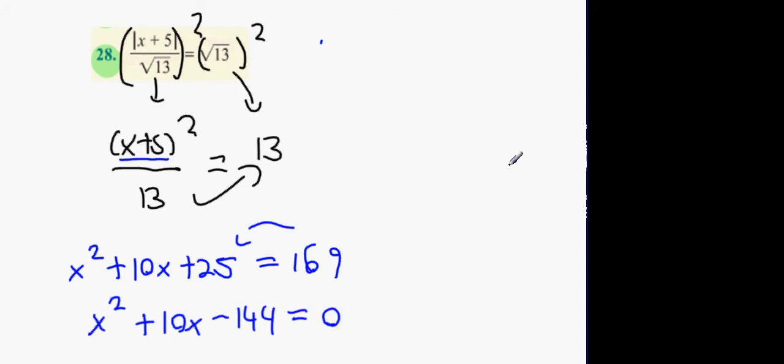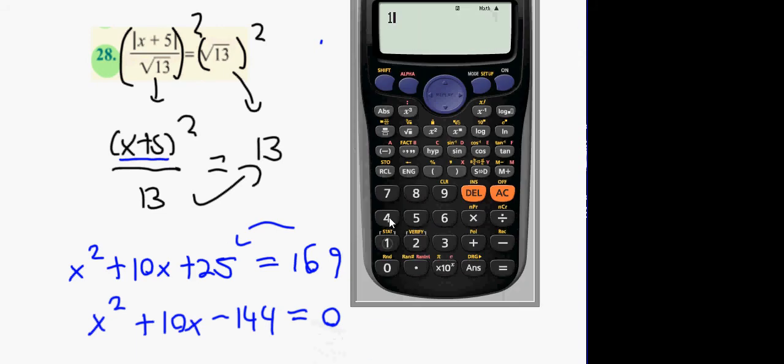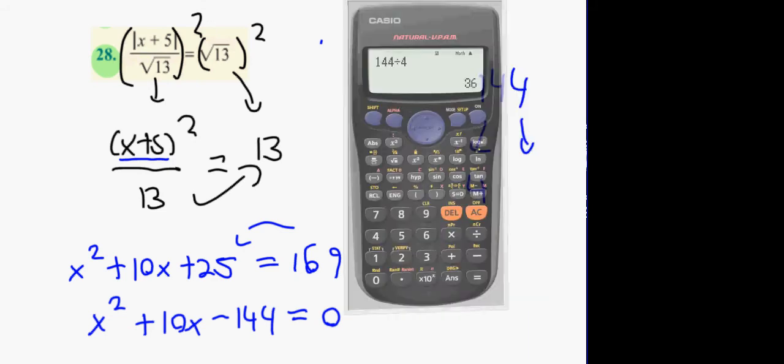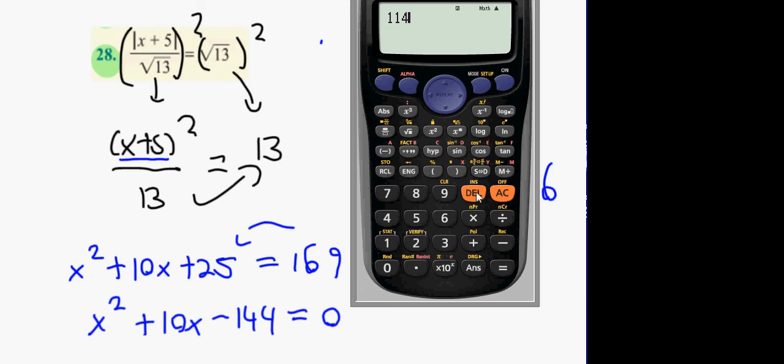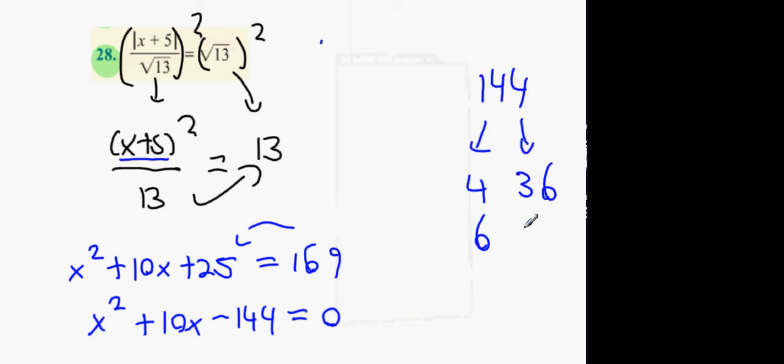You've got to think of two numbers that will multiply into 144. We'll start small. Does 4 divide into it? 144 divided by 4 is 36. 4 and 36, not a good one. Let's try 6. 6 and 24, no good.